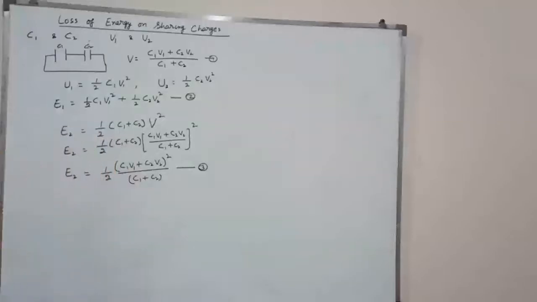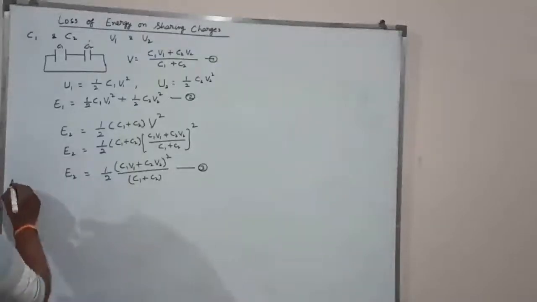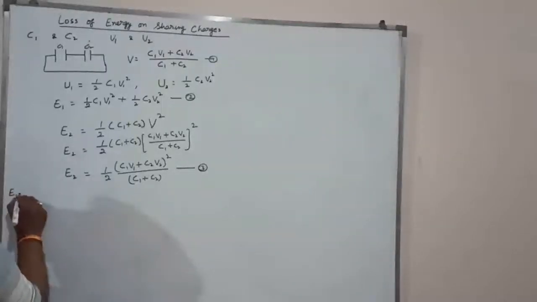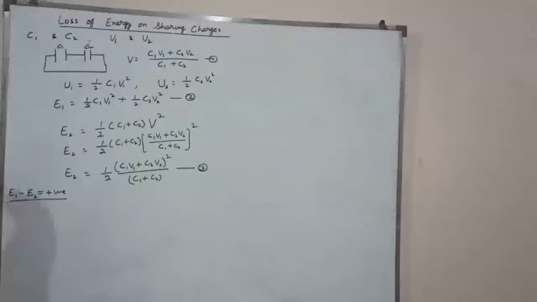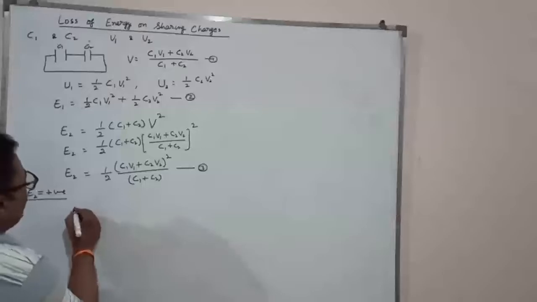There is always an energy loss when they are connected. It means if we calculate E1 minus E2, it becomes positive. Energy stored before connecting them is E1, energy stored after connecting them is E2, and the difference is positive if E1 is greater than E2. In the same way we calculate E1 minus E2, the change in energy.